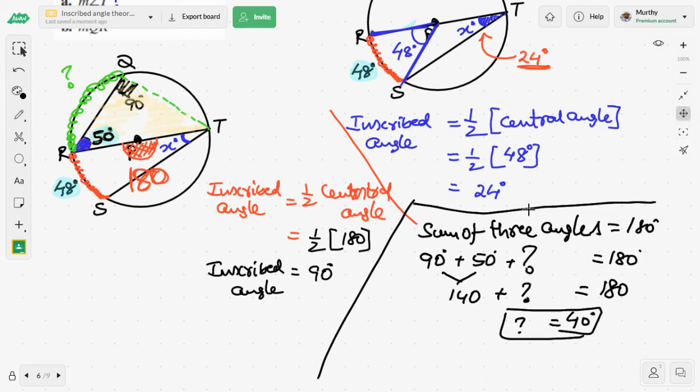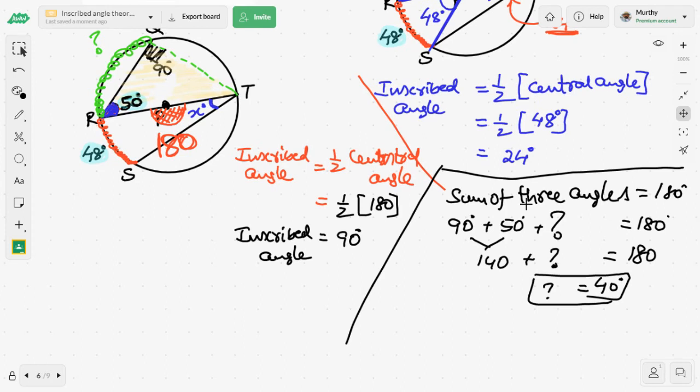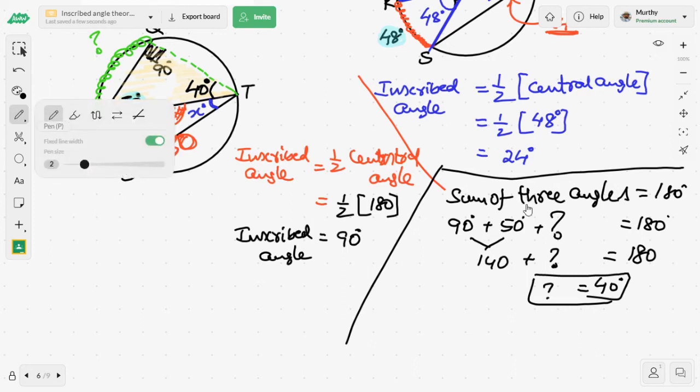Unfortunately, that's not the end of the story, because just now I got the inscribed angle as 40 degrees. This is 40, right? But this is not the central angle. Please remember, the central angle is double the inscribed angle.